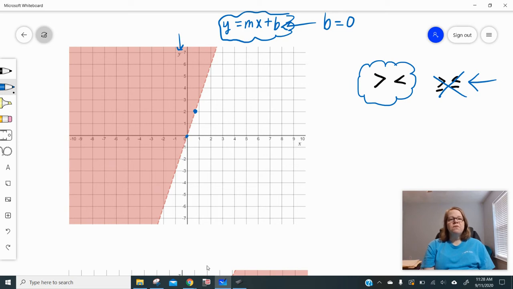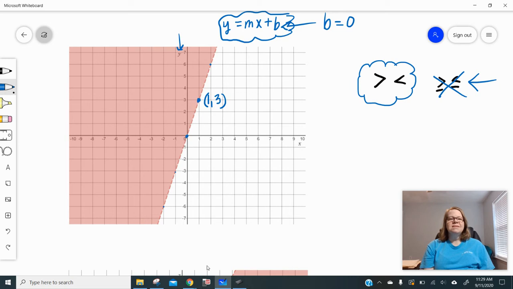I don't know if that's over 3/4 of the way and up 2. So I don't want that one. But I do see this one appears to be exactly right 1 and up 3, right? So that's what you're looking for. You're looking for an exact point. We could have used 2, 6. I guess we could have used -1, -3, or -2, -6, but I'm going to avoid negatives. I'm just going to try not to use them if I don't have to.